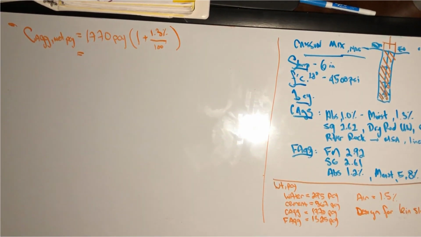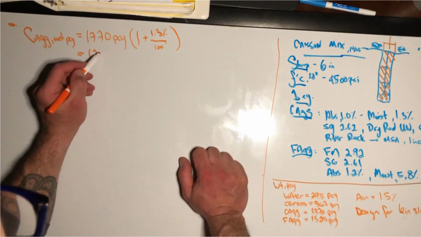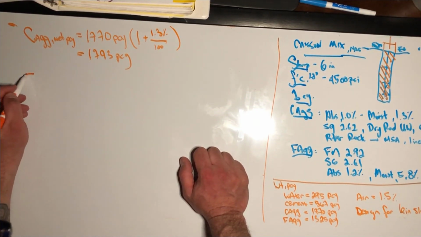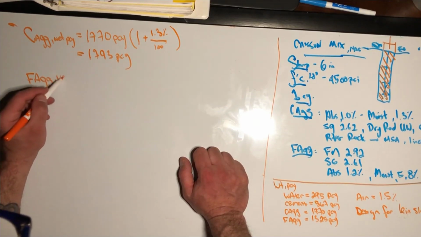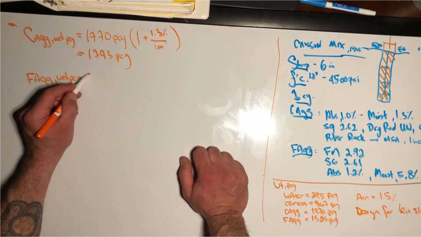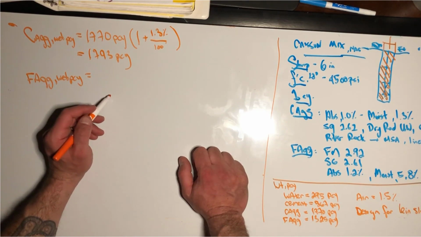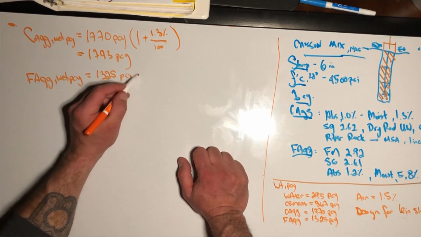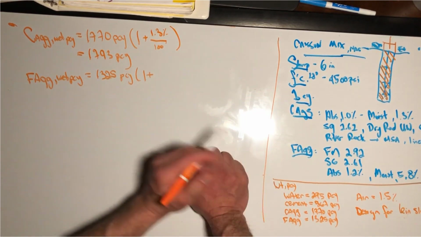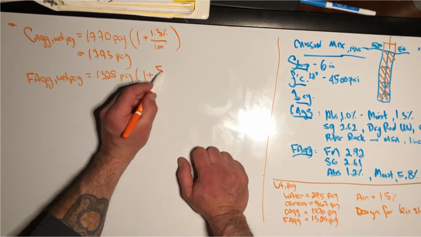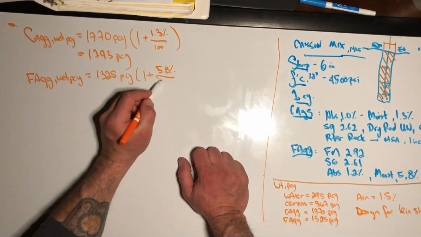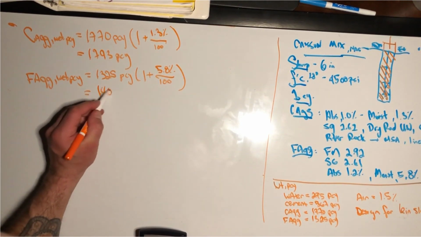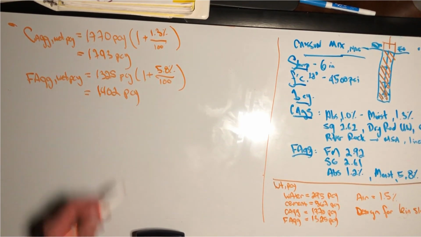That equals 1793 pounds per cubic yard. Our fine aggregate, wet, pounds per cubic yard equals 1325 pounds per cubic yard, and our moisture on that was 5.8%. So 5.8 divided by 100, and we got 1402 pounds per cubic yard.